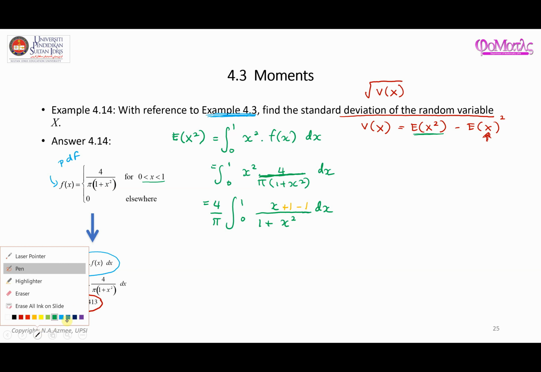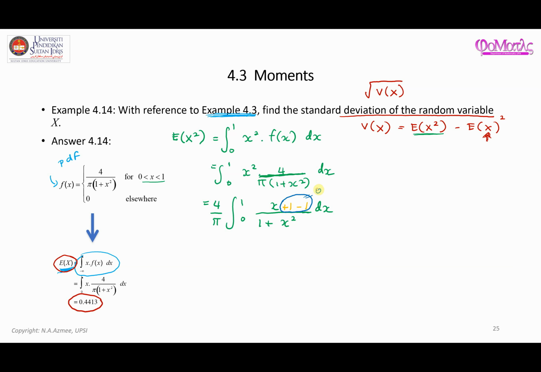Okay, the reason is that by introducing positive 1 minus 1, I'm actually not changing anything. I'm just introducing a term that doesn't change the original expression. Because plus 1 minus 1 is actually equal to 0.